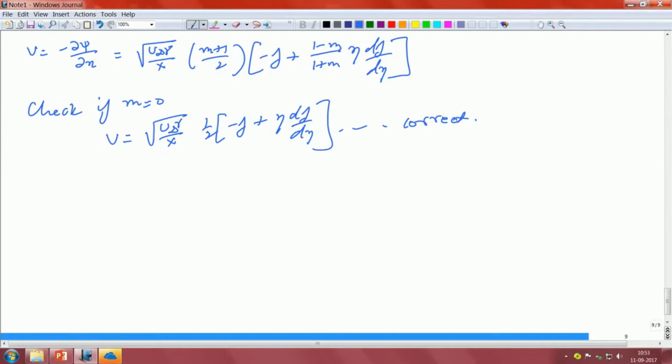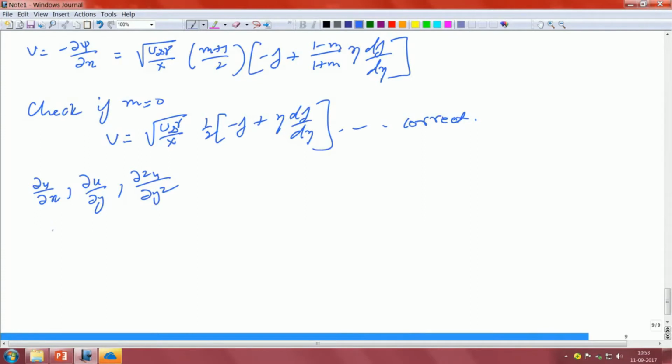Okay. Now, to go to the momentum equation, we need to find out terms like du dx, du dy, d square u dy square, etc. All those things need to be found out.